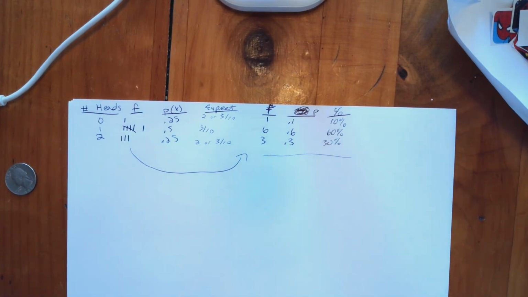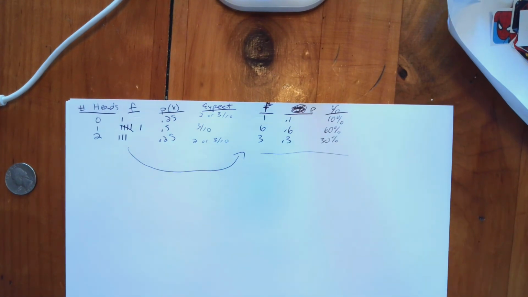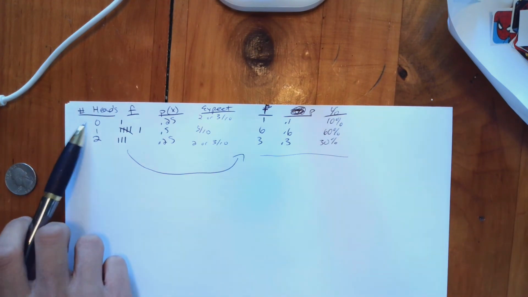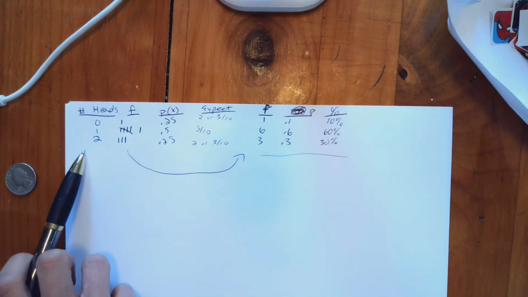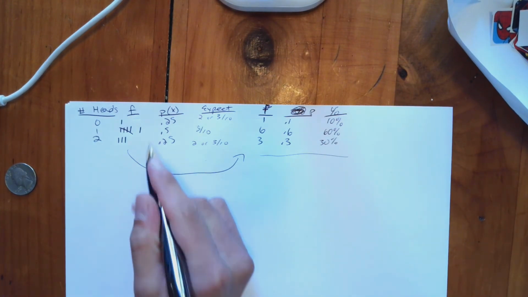So if you did this 1,000 times, you would generally expect to have about 25% of those 1,000 events to have an outcome of 0, 50% of those 1,000 events to have an outcome of 1, and 25% of those events to have an outcome of 2. And you'd expect those proportions to be pretty close to these numbers here.